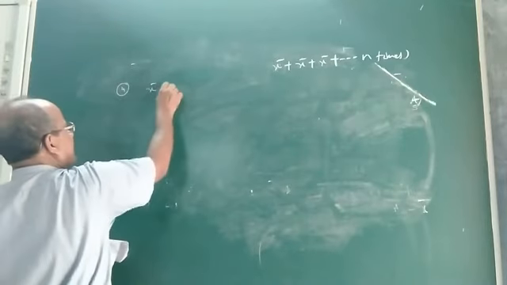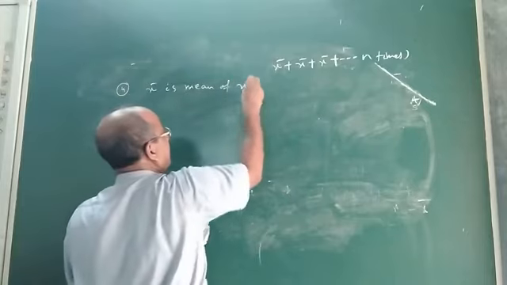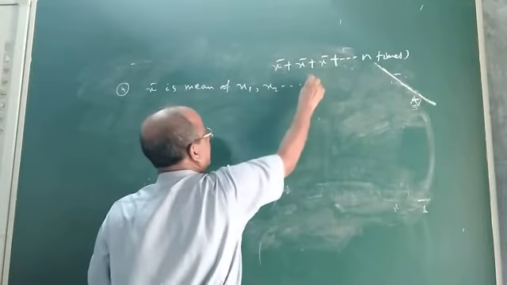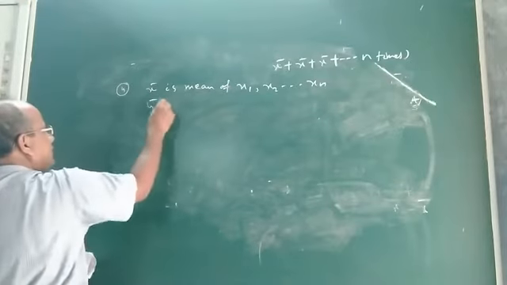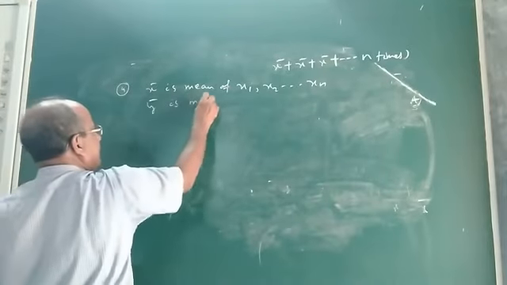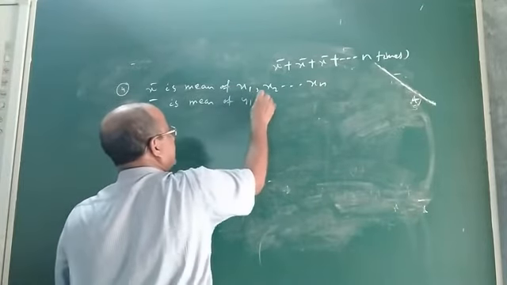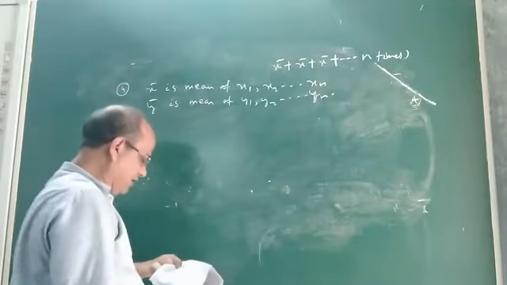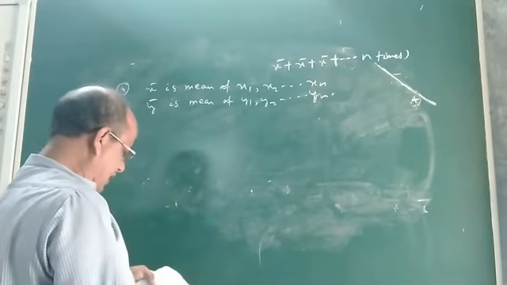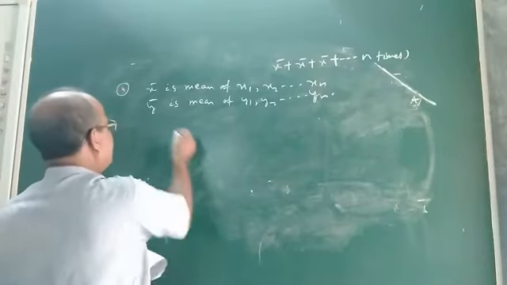X bar is the mean of, suppose, n number of observations x1, x2, xn, and y bar is the mean of n number of observations, say y1, y2 up to yn. And z bar is also given.